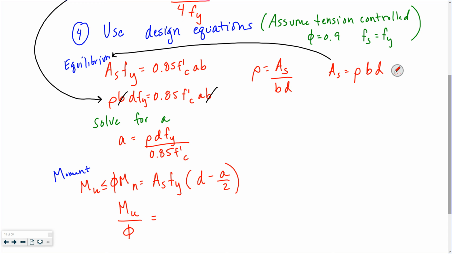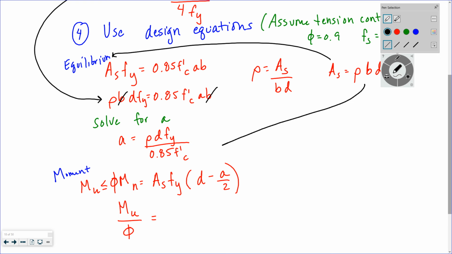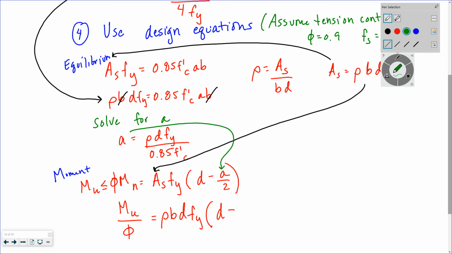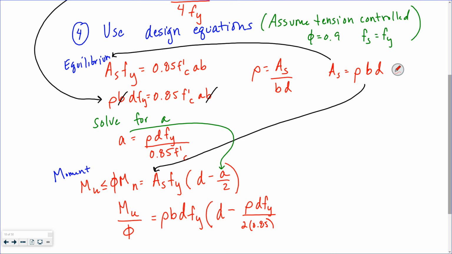I make this side, I'm going to put that equation that had rho in it: rho B D times Fy times D minus this A right there, minus rho D Fy divided by 2 times 0.85 F prime C.